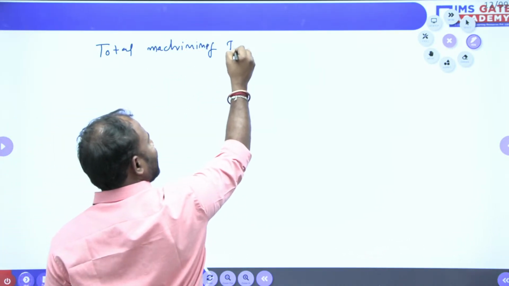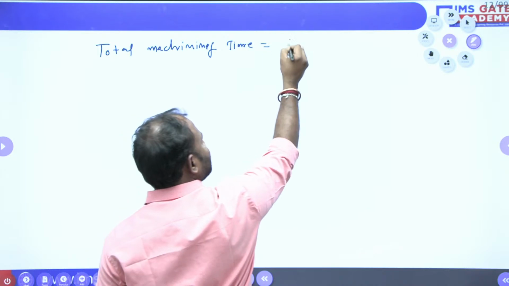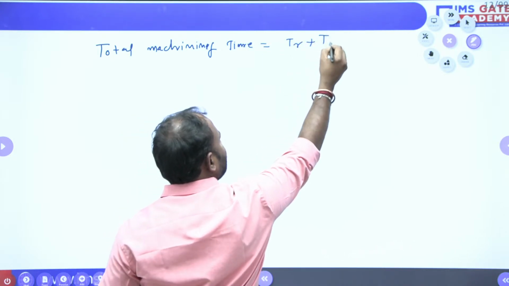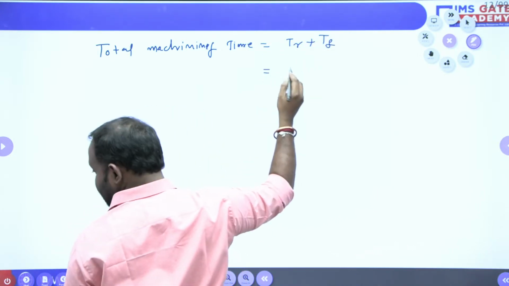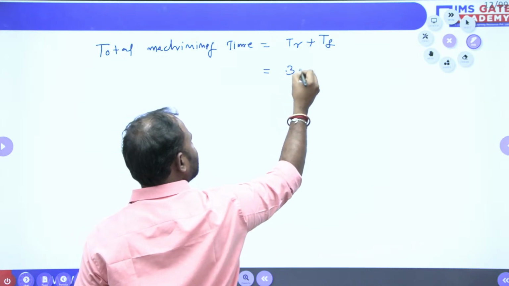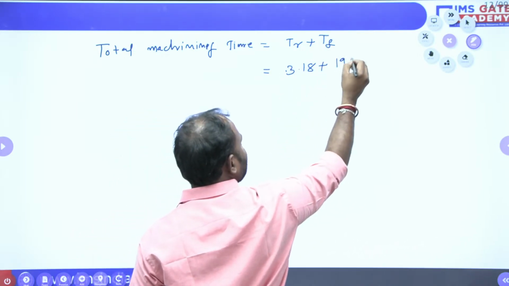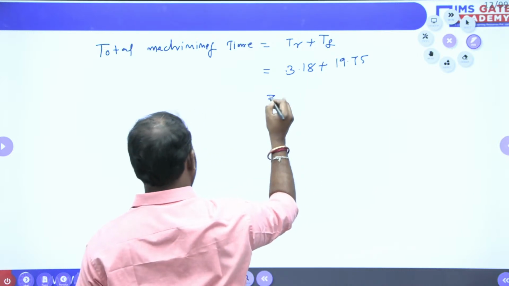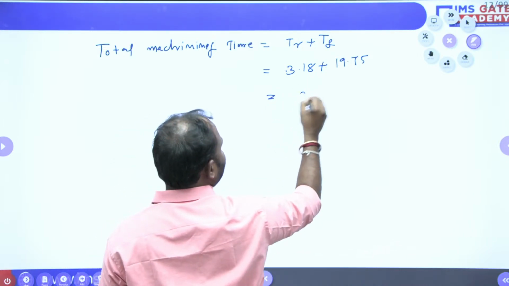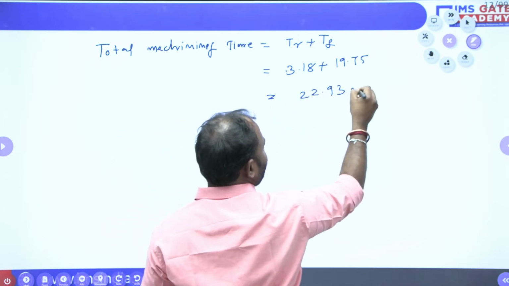Total machining time is equal to time for rough cut plus time for finishing cut. Time for rough cut is 3.18 plus time for finishing cut is 19.75. So you are going to get 22.93 minutes.